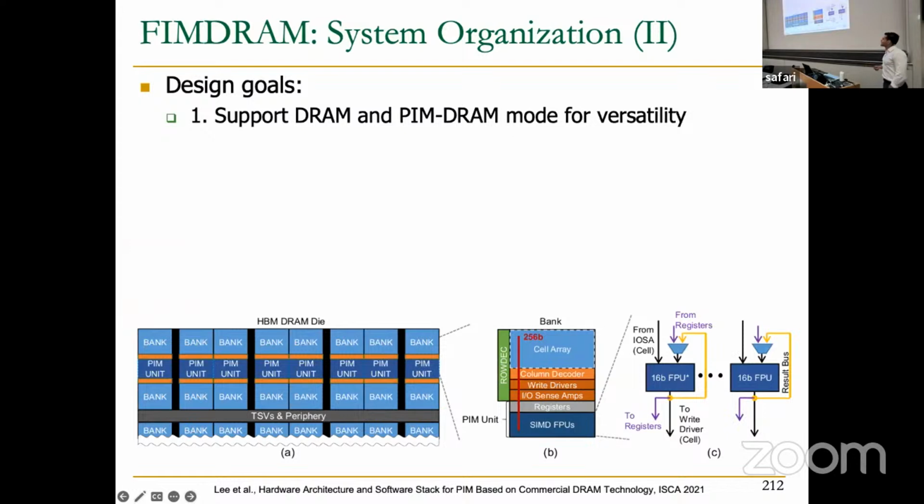They have some design goals that they want to maintain while designing this FIMDRAM architecture. The first one is that this HBM chip is JEDEC compliant. There is a specification that defines the protocol to access this memory chip, and they want to keep this protocol unchanged.